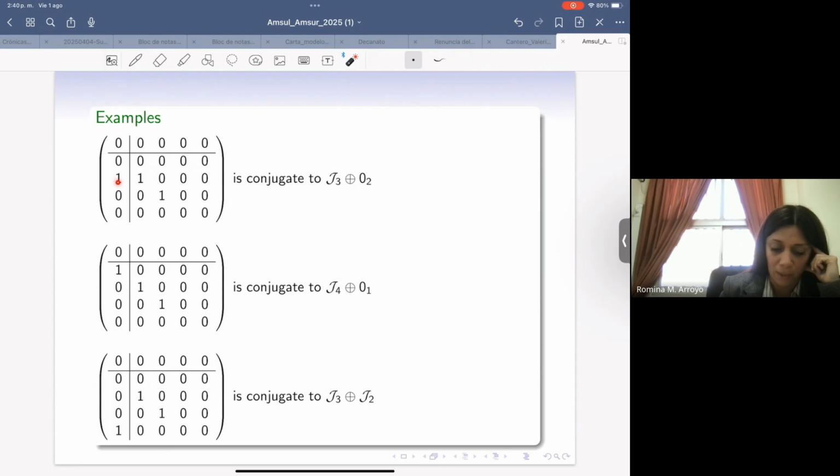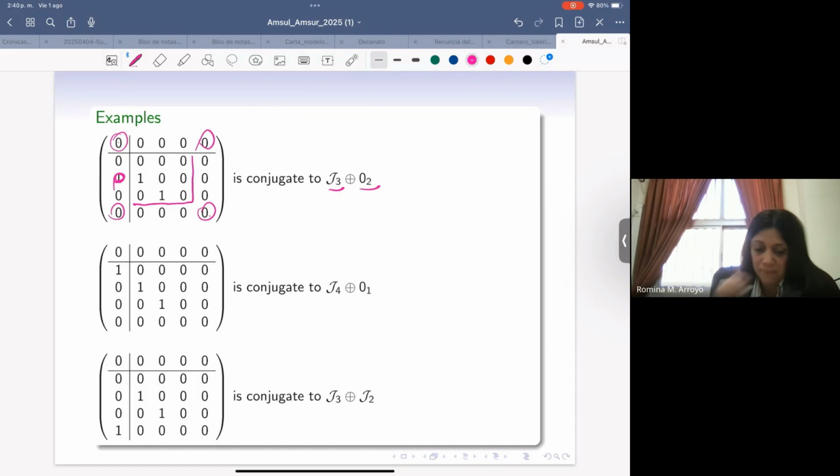If b is in the image, then I told you in the first result that, up to conjugation, you can put a 0 here. So then you have a J3, and here you will have 0 and O2. Okay.